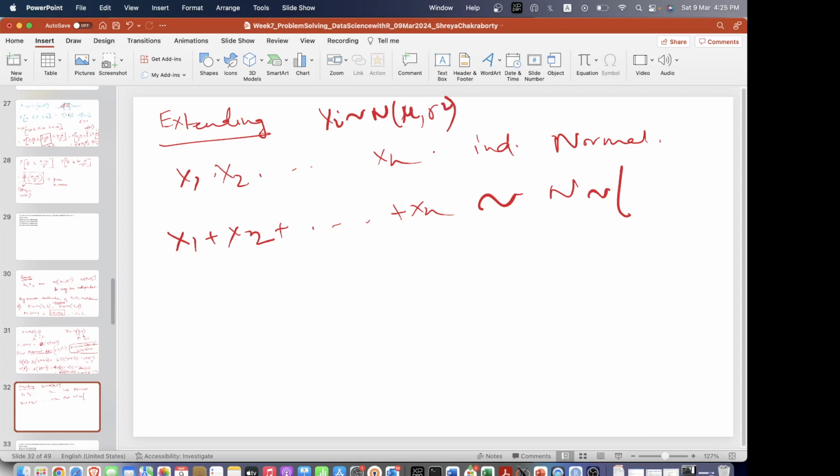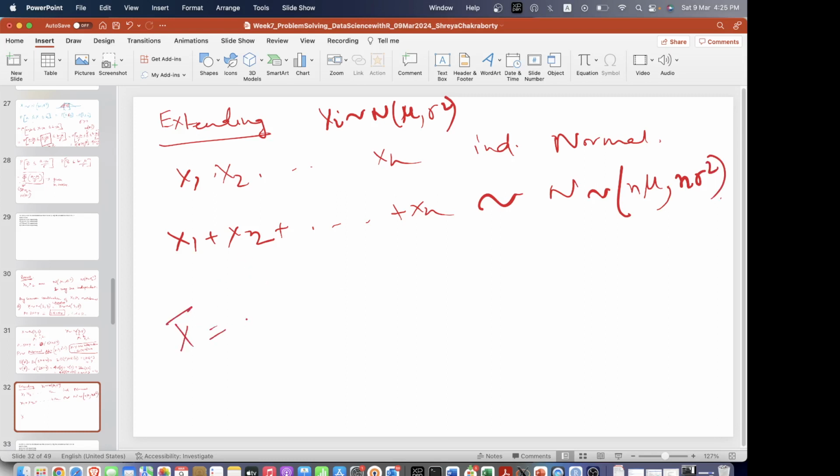This would follow n mu as the mean, and n sigma square as the variance.